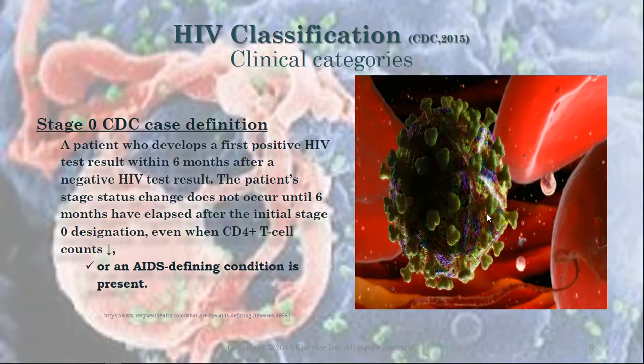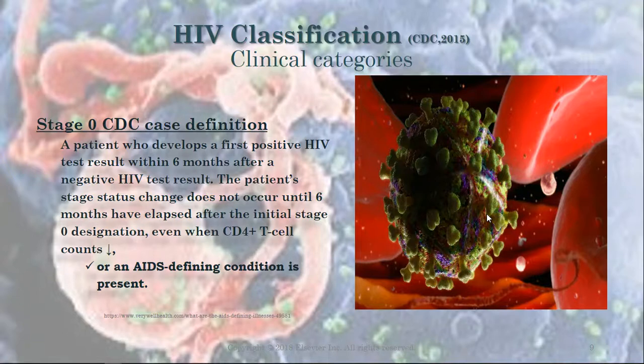So from their, within 6 months after a negative HIV test result. So if they've been exposed to HIV from a partner or a blood transfusion, however they've been exposed, once they went to their provider and let them know that they've been exposed and they want to get tested.